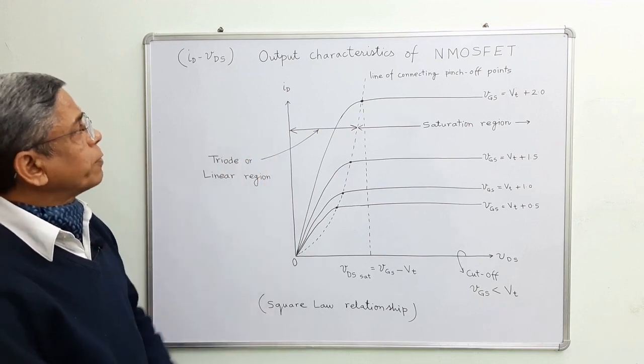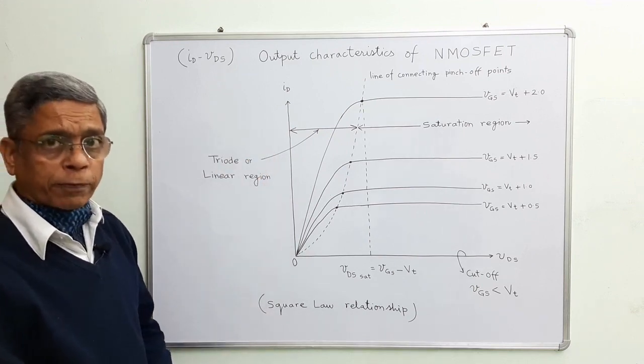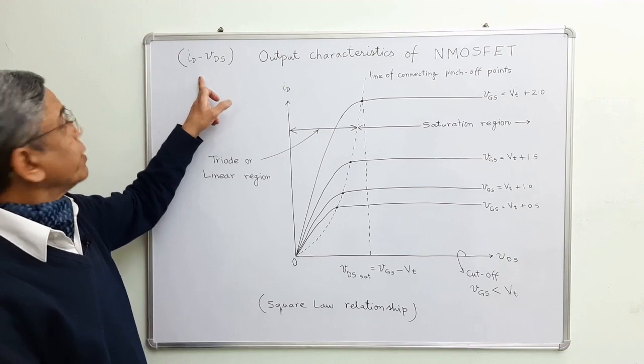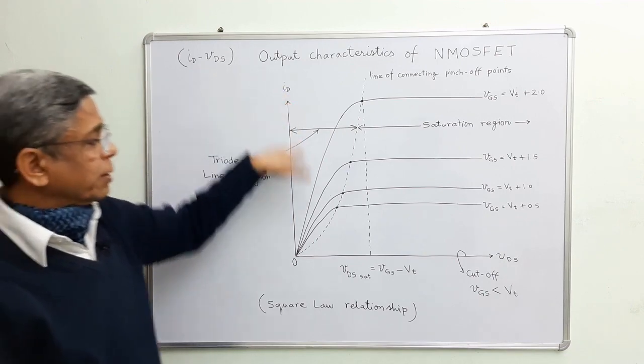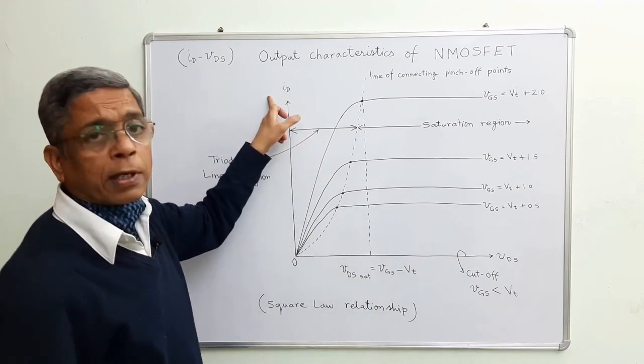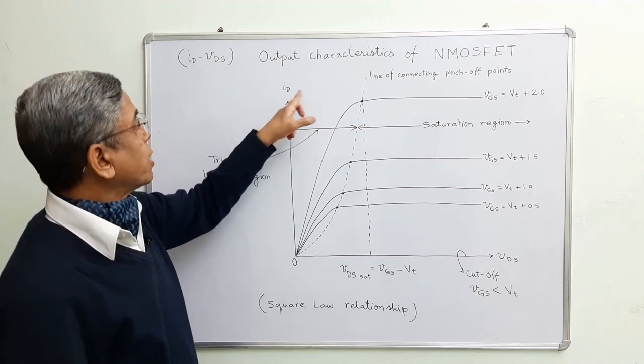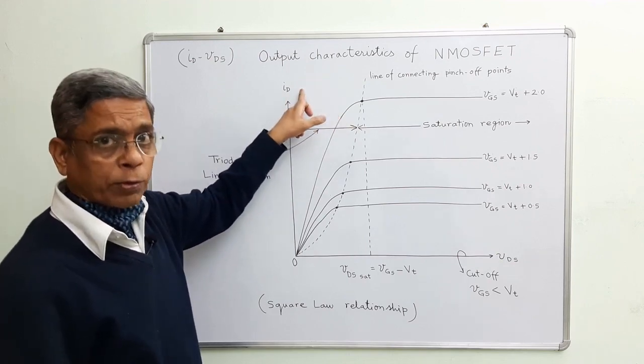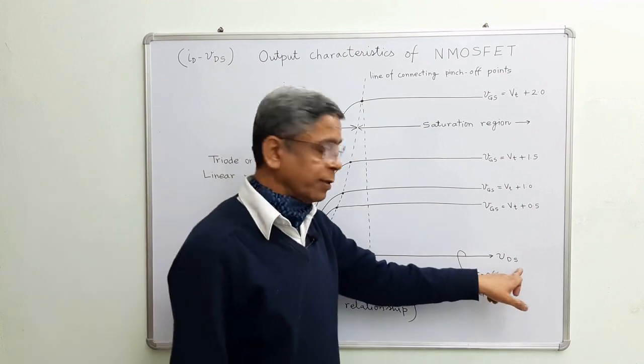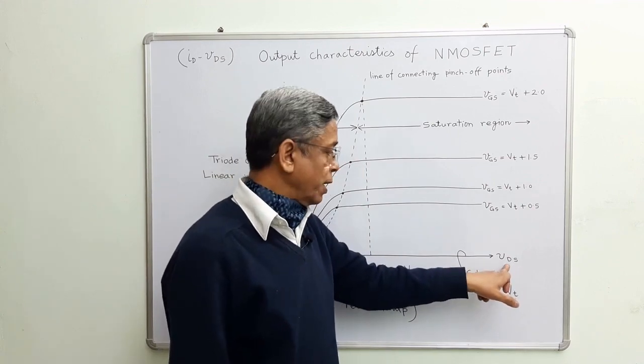This is the overall picture of the output characteristic of N MOSFET, the relationship between ID and VDS. This is the graph between ID, the current passing through the device from drain to source region, and VDS, the potential difference across drain and source.